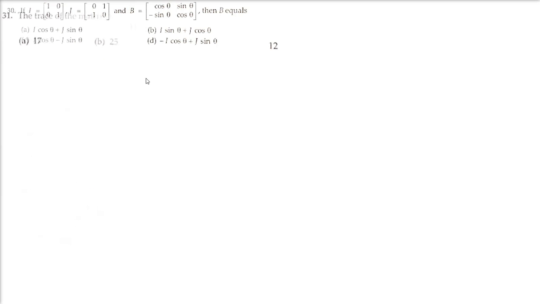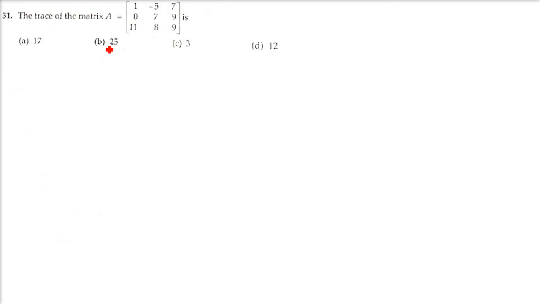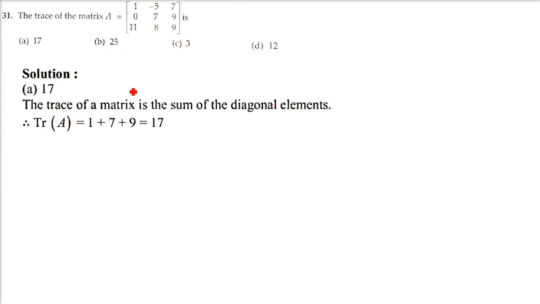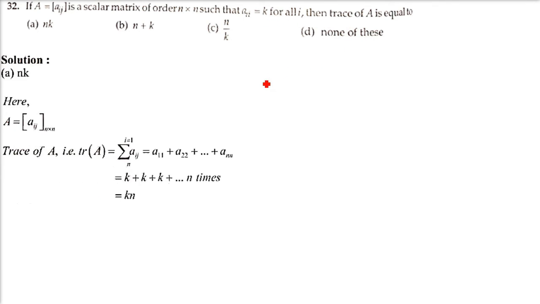The trace of the matrix A. Now matrix trace is nothing but the addition of its diagonal elements. So can we find out the trace of any n by m matrix? The answer was 17 actually. Now if A is a scalar matrix of order n by n, such that a_ii is k for all i, then trace of A is equal to what?